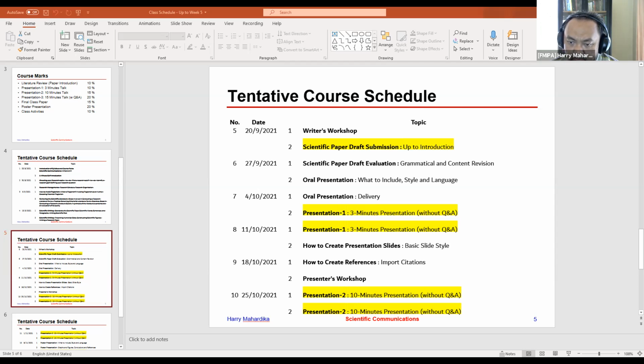For them, obviously there will be a reduction due to the late submission, but please submit it as soon as possible because it is part of your major assignment.